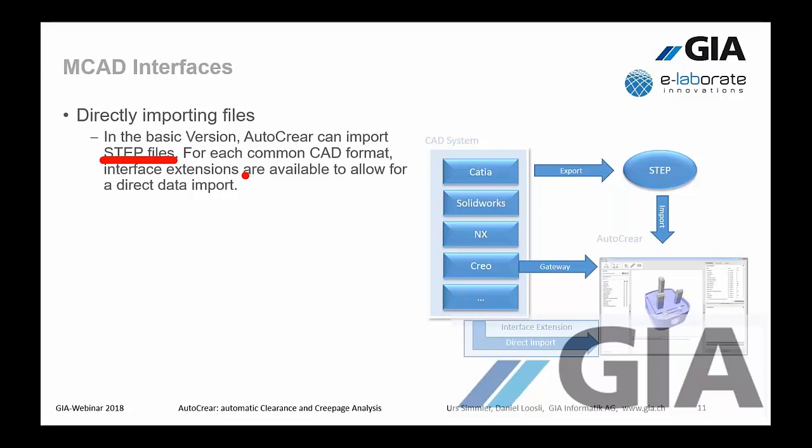This is for free, and if you'd like to open the CAD data from those systems directly, there are also some additional interfaces available. For Creo Parametric, I'll show that later on, there is a direct gateway. So in Creo Parametric you can push a button and then all the data will be transferred to AutoCrear.